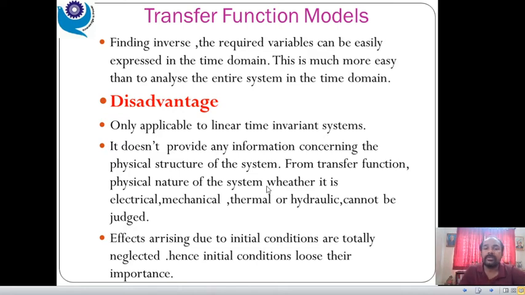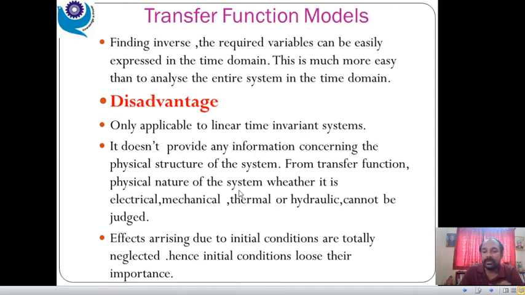So from the transfer function, the physical nature of the system, whether it is electrical, mechanical, thermal, or hydraulic, cannot be judged. With the help of transfer function, we cannot judge the physical nature, whether it is electrical, mechanical, or thermal, something like that.